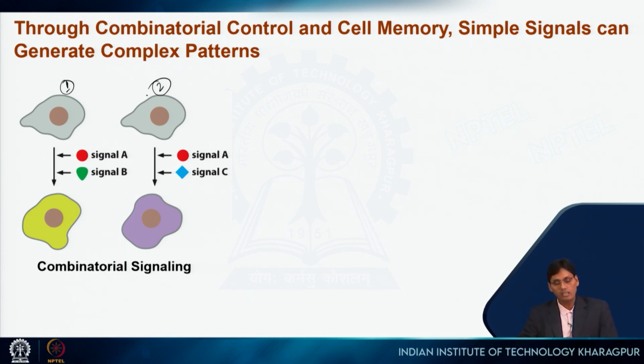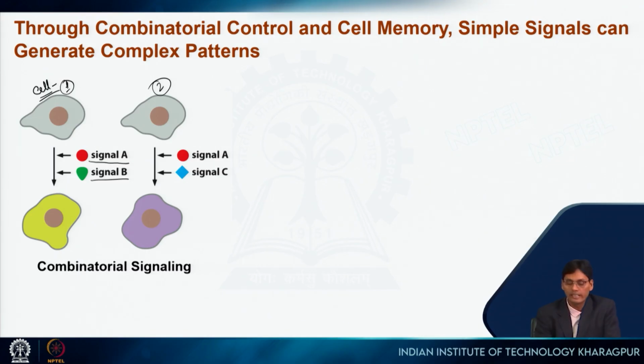Now, combinatorial control means when these cells are dividing, or undergoing developmental processes, as you can see, in cell 1 we have some signal A and signal B influencing the fate of this cell 1.